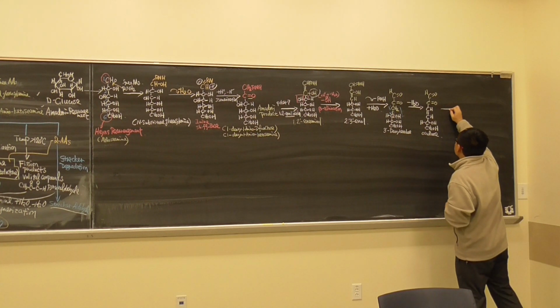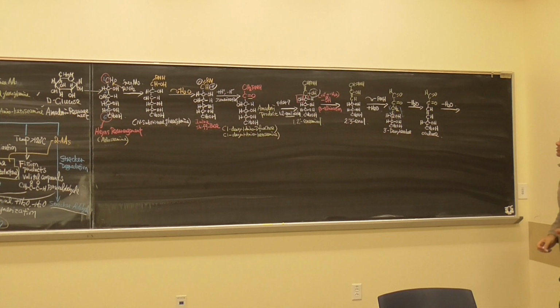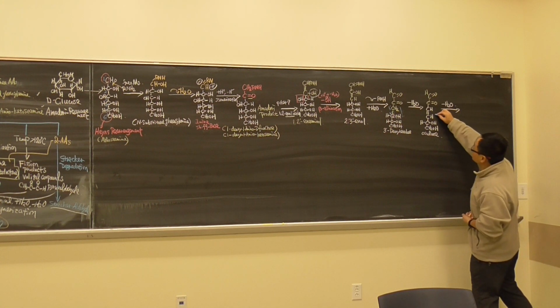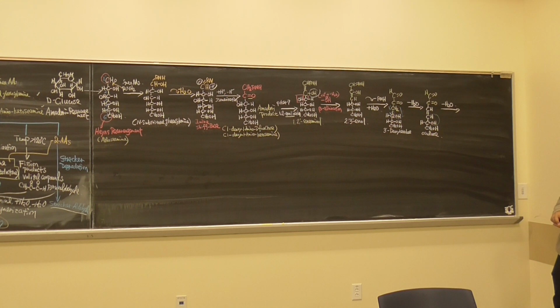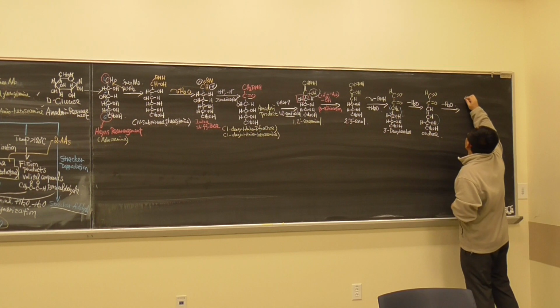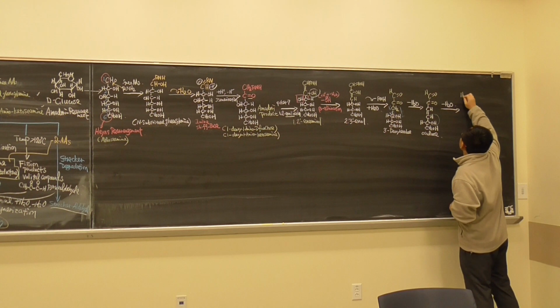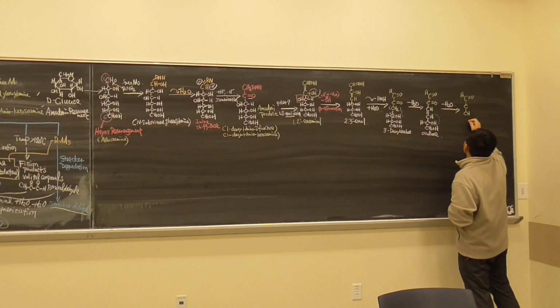Now they're going to go to the next step. Lose water again. This time where are they going to lose water? Somewhere here. Okay, now what are they going to become? The top is very similar, not changed, but something dramatically will be changing.